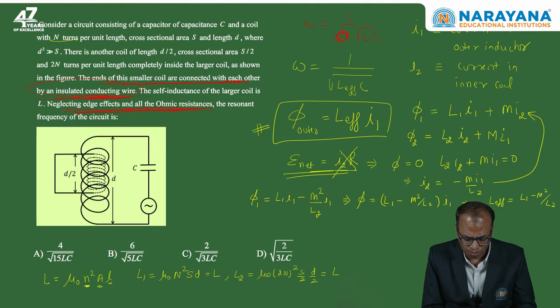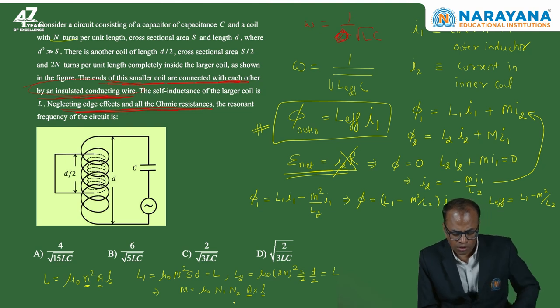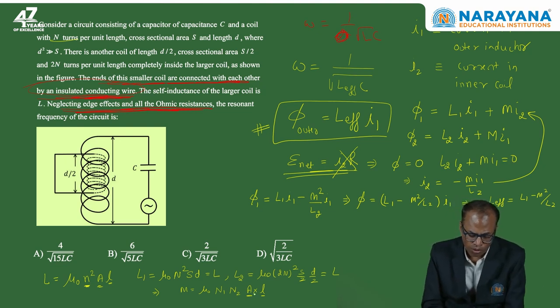And now M. M will be calculated by mu naught, number of turns per unit length N1, number of turns per unit length N2, into A into L, where A and L are the smaller out of the two values, both of them. So A is S by 2, L is D by 2, and N1 is N, N2 is 2N. When I plug in this value, I get M as L by 2.